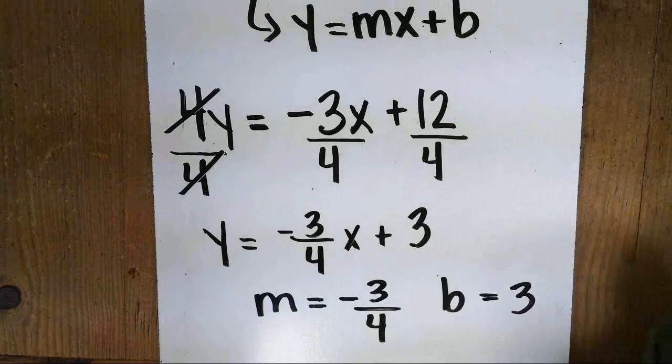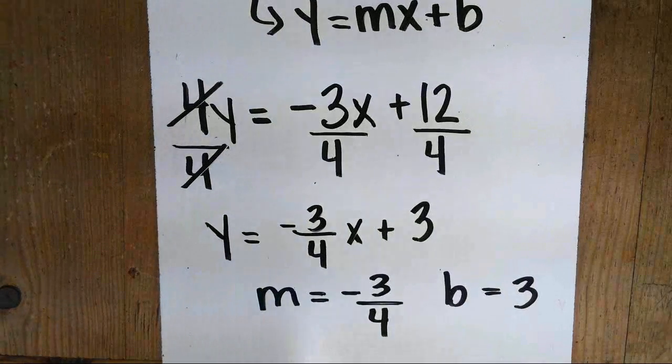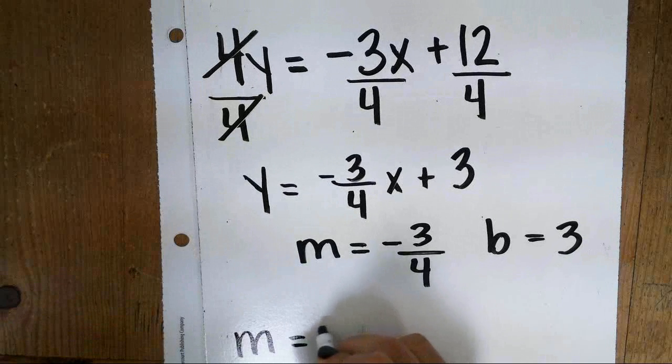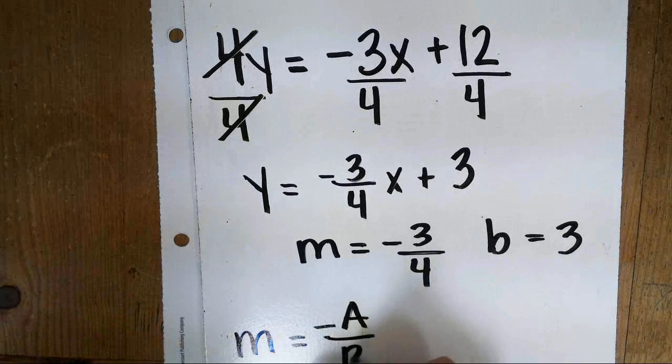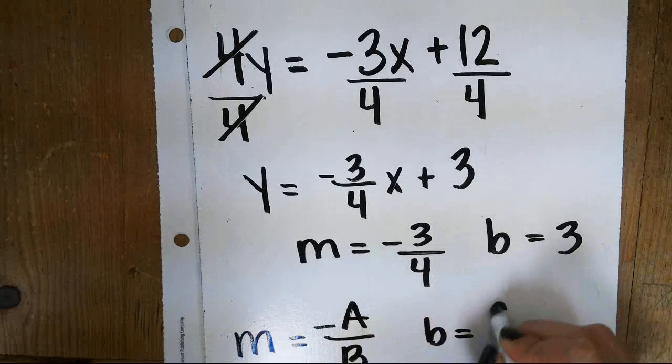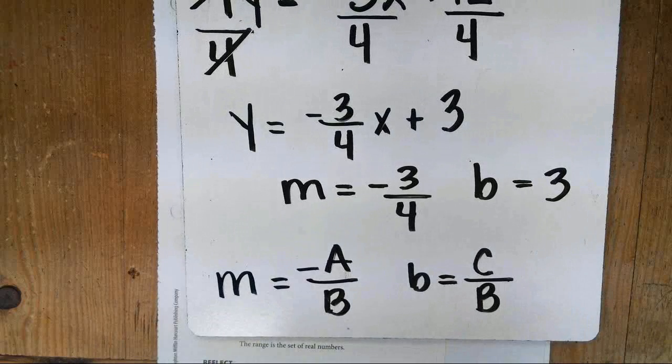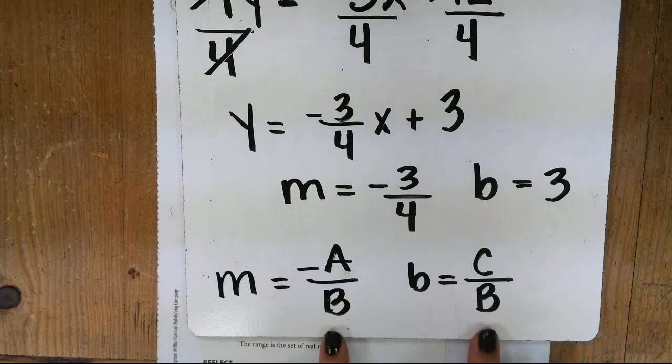Okay? So now, the other thing that I showed you was, in standard form, your m is equal to negative a over b, and your intercept is capital C over b. Now, notice here, and this is why this little method works if you use this third method that I'm showing you.